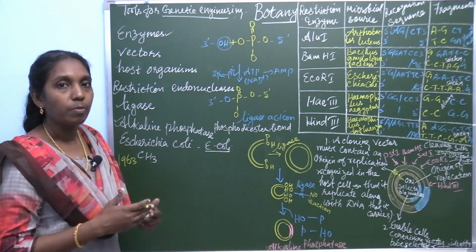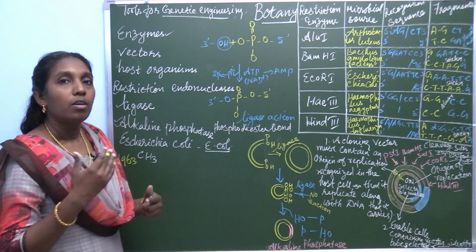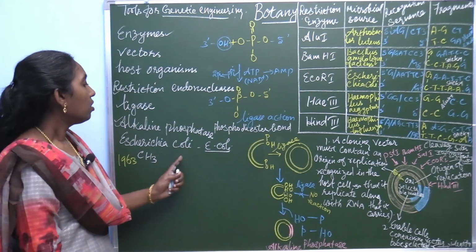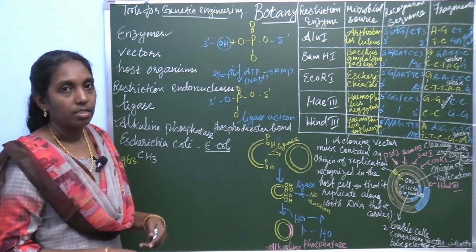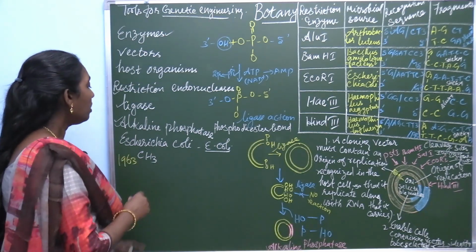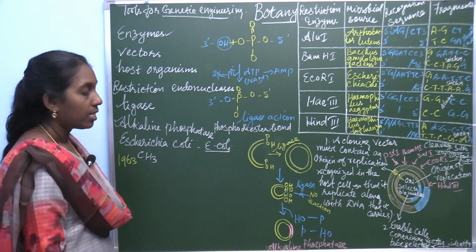So as a defense mechanism, these enzymes are secreted in the bacteria's body. So this enzyme can be isolated. Here it was found that there are two enzymes, one which adds the methyl group CH3.